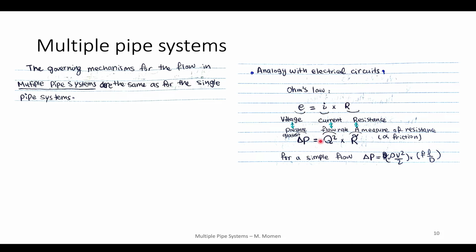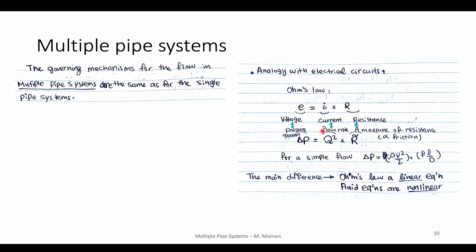So we have a system very similar to an electrical circuit, and we can find some analogies between them. Based on this, we are using the same terminology. But before going through that, I want to note one main difference between these two systems.